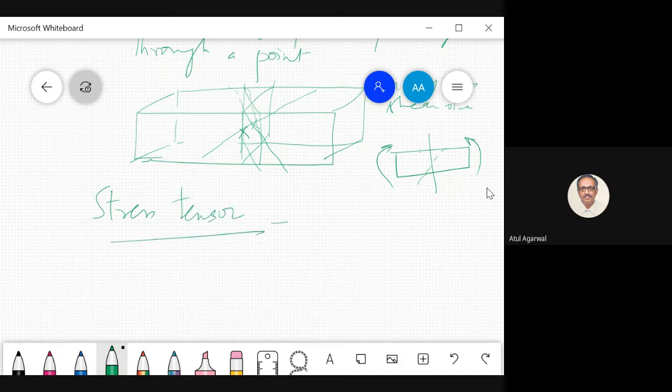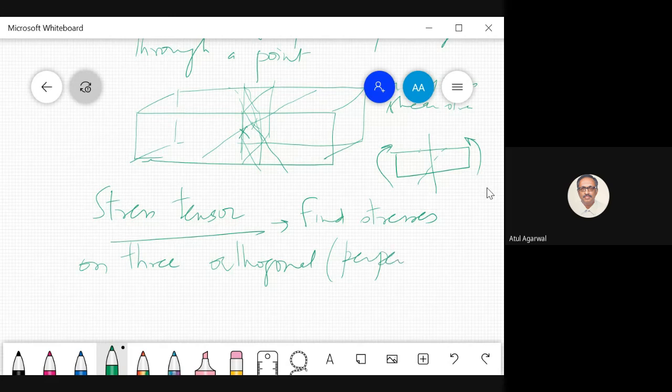Stress tensor is find stresses on 3 orthogonal planes. Orthogonal means perpendicular planes. So we get a matrix. So this is stress tensor.